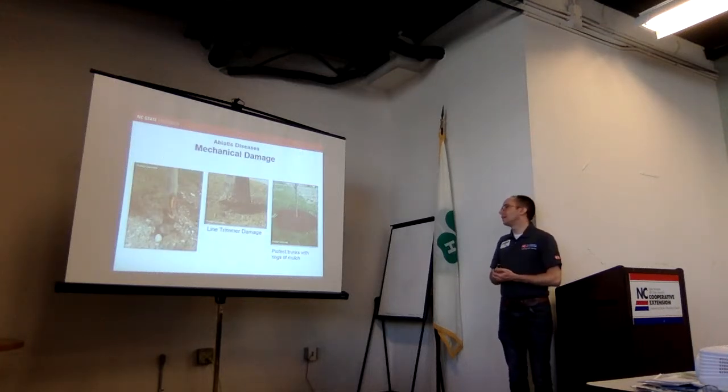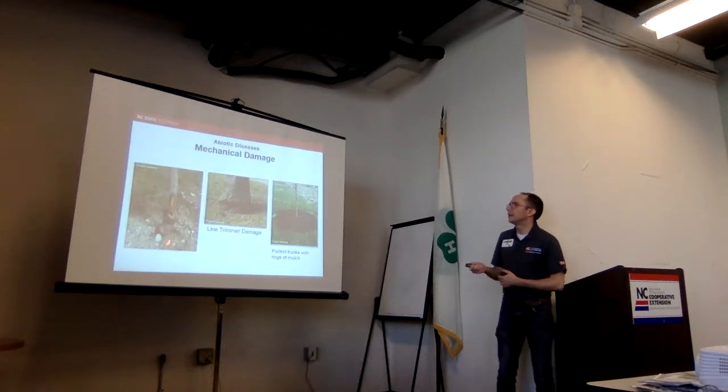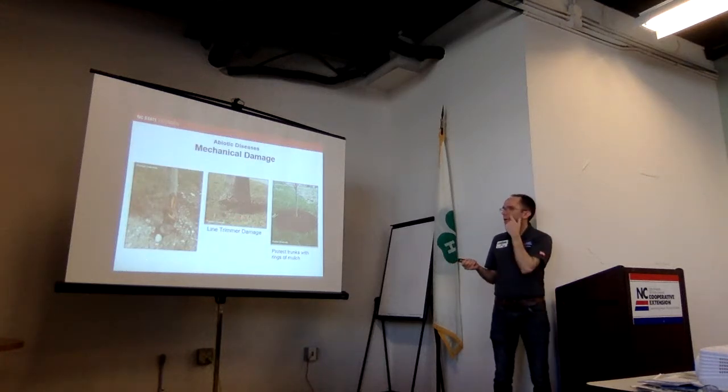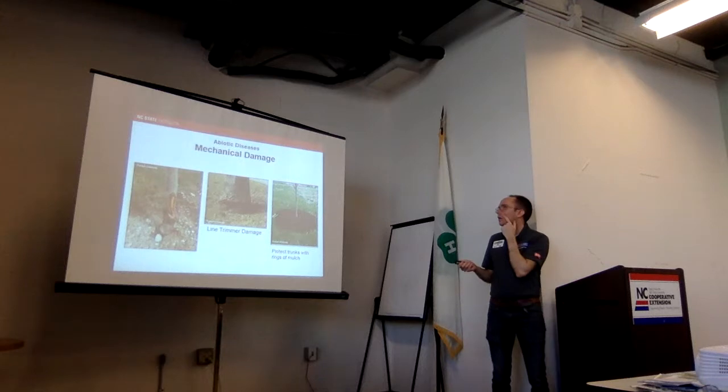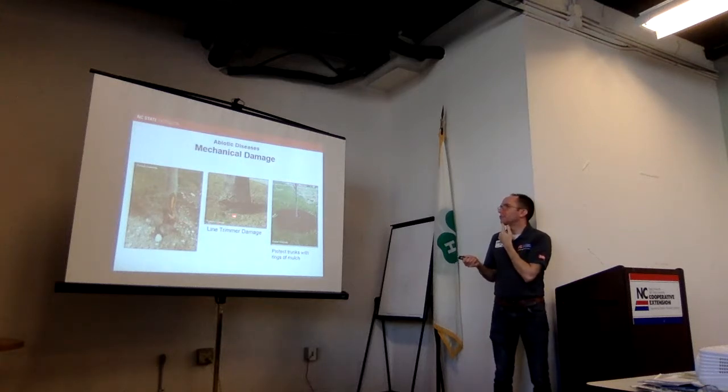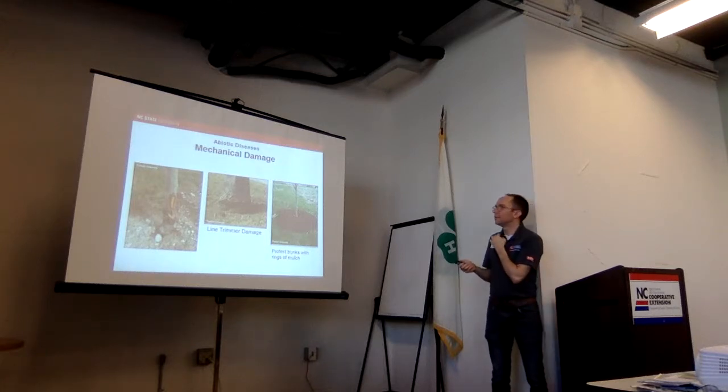Another thing, let's see, what's my next slide? Yeah, line trimmer damage. This is usually caused by husbands, where they get too close to the trunk and you end up removing really important outer tissue on the stem.